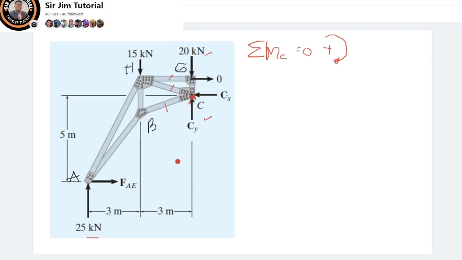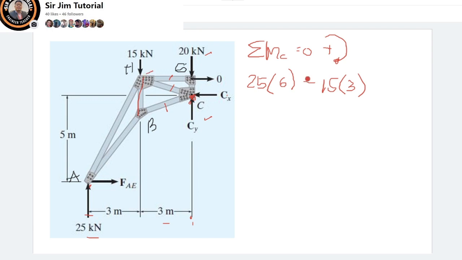So first we have 25 kilonewton multiplied by the distance from this point to the line going to point C, which is 6, and this is positive. Then 15 is in the counterclockwise direction, which is negative 15, times 3, this distance here.